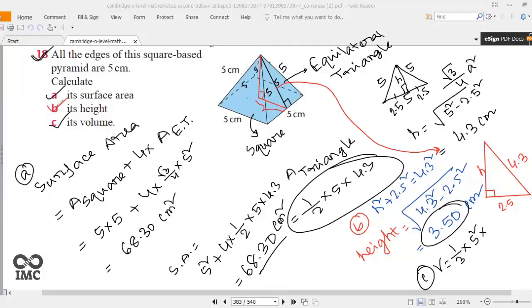The height can be found from question number B, that is 3.5. Now multiply 1/3 into 5 squared into 3.5. After calculating, you will get 29.2 centimeters cubed. And that is the solution of question number 18.